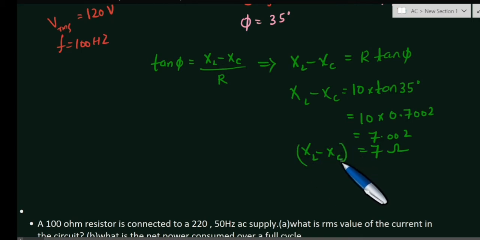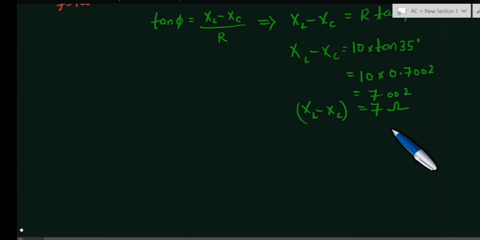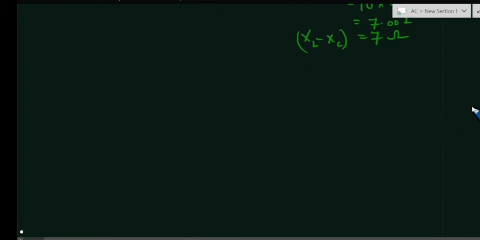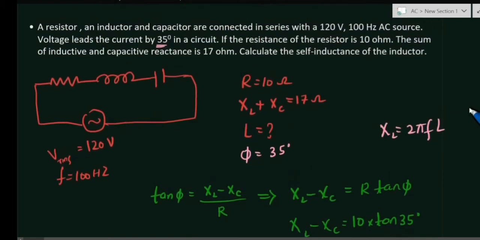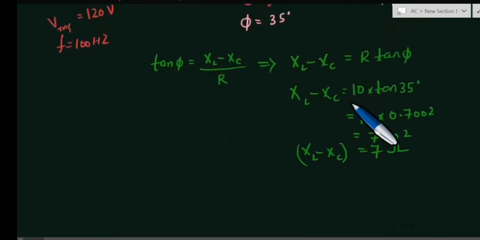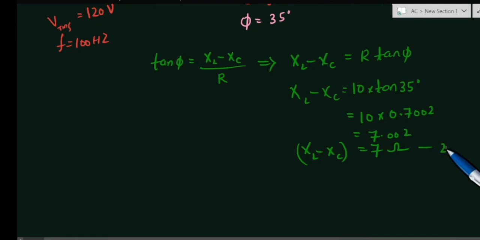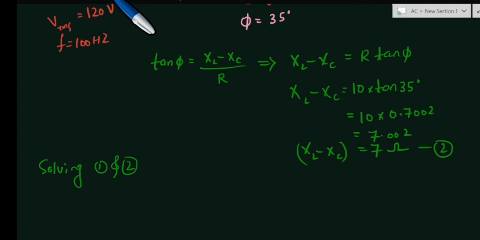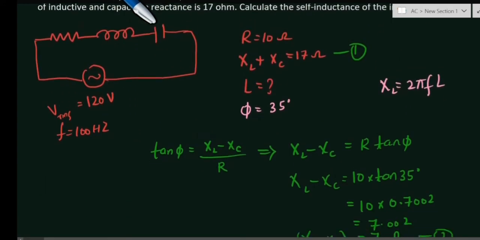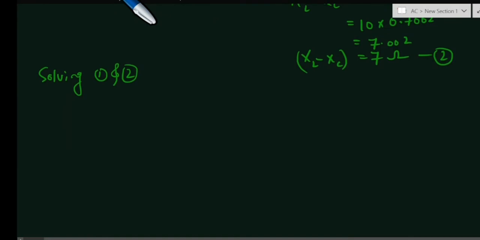Okay, we got XL minus XC and we already know what is the value of XL plus XC. XL plus XC also we know it, that is equation 1, and XL minus XC also we know it, that is equation 2, and solve these two equations. Solving 1 and 2. So the equation 1 is XL plus XC is equal to 17.